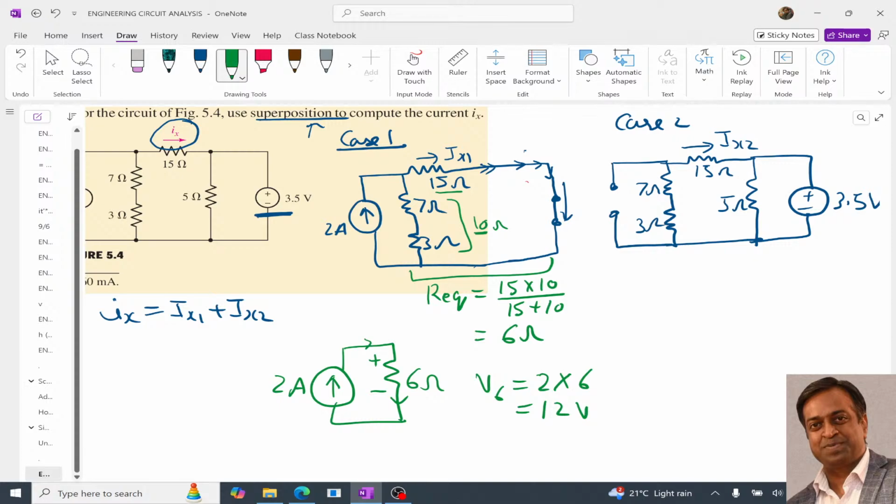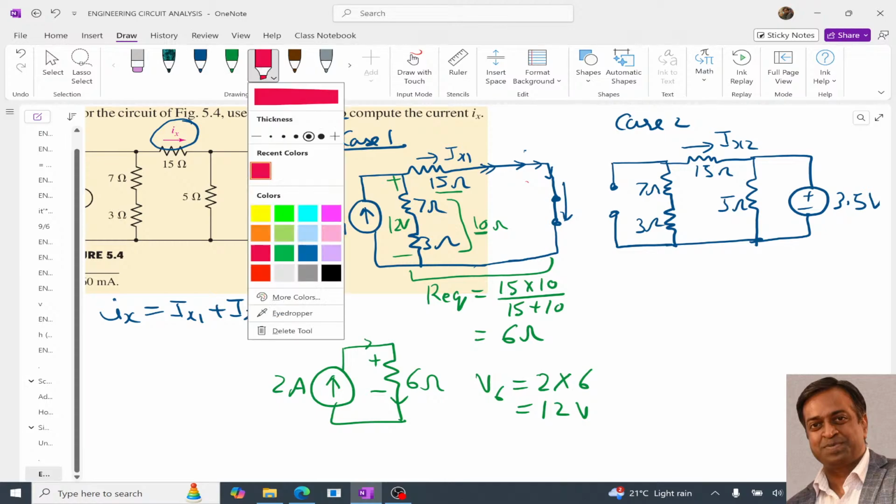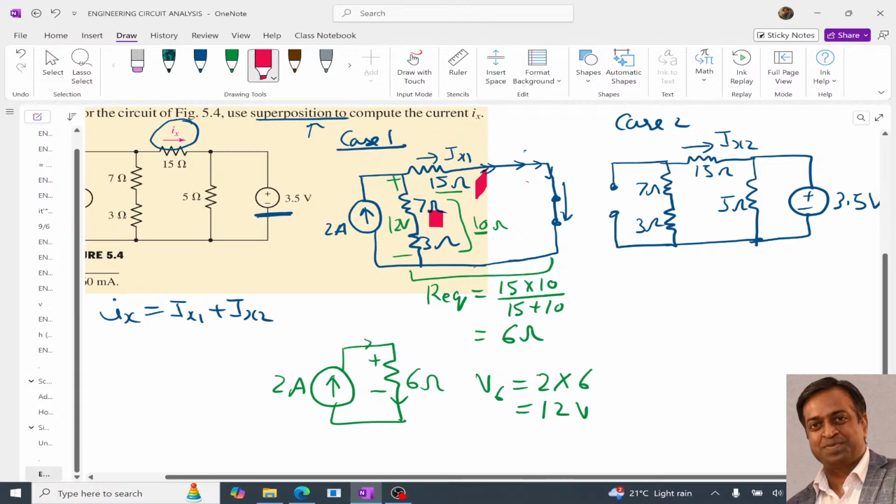So it means that the voltage across this 6 ohm, which is the equivalent resistance, is 12 volt. So across this we have 12 volt, right? What we did overall was simply determine the equivalent resistance of this 15, this 7 and 3, and the equivalent resistance is this 6 ohm.